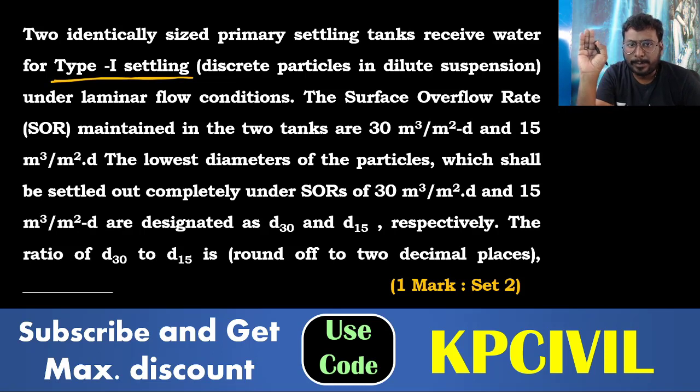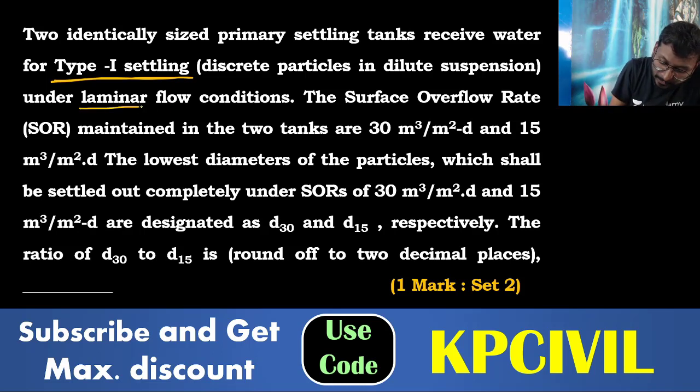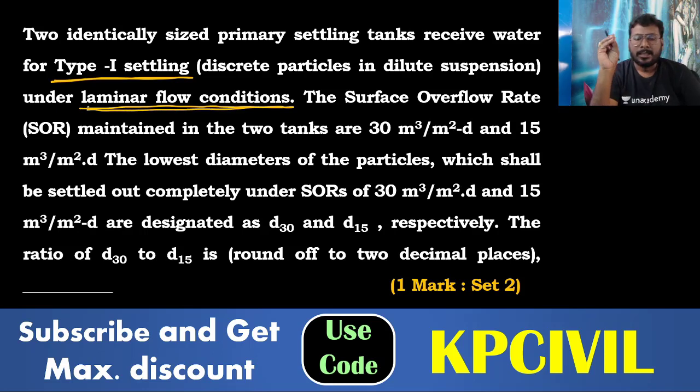Whenever it was given type 1 settling, you remember that Stokes law is valid. Discrete particles in dilute suspension clearly mentioned. And also they given information laminar flow. So given complete data that this is 100% related to type 1 laminar flow, means Stokes law valid condition.